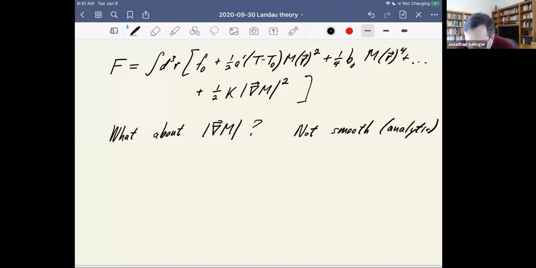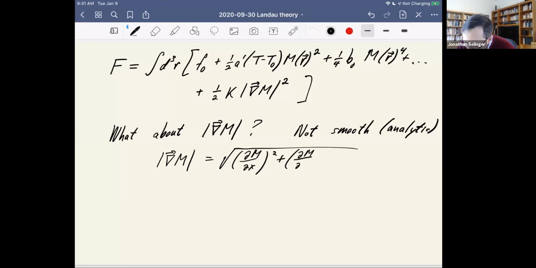And one way to see that is, if you wanted to write out an algebraic expression for this, this magnitude is the square root of dm dx squared plus dm dy squared plus dm dz squared. Right? And the square root spoils the smoothness, right? The square root makes things not analytic, right?